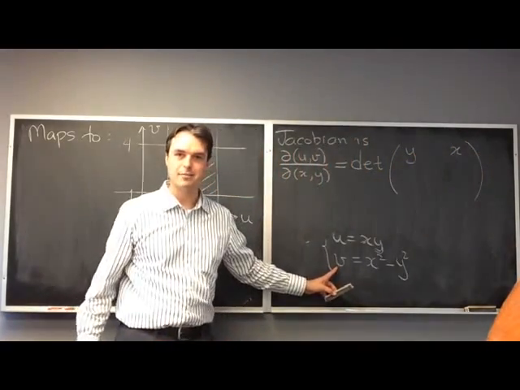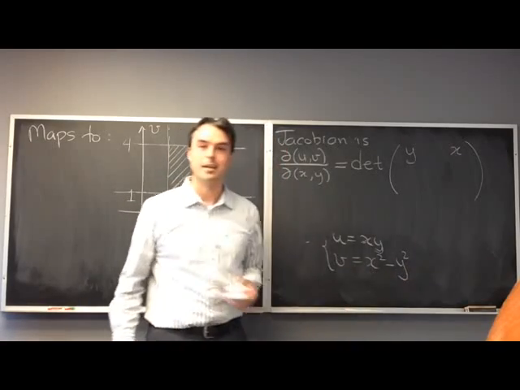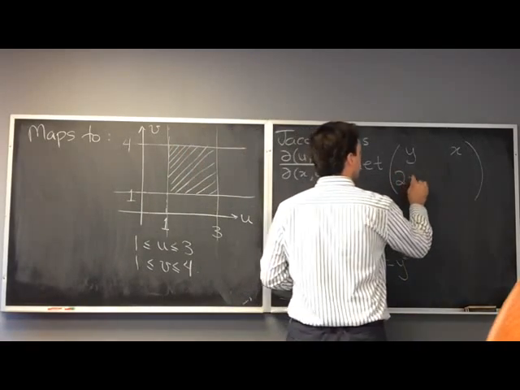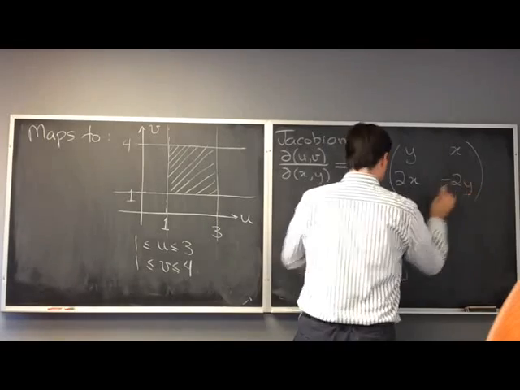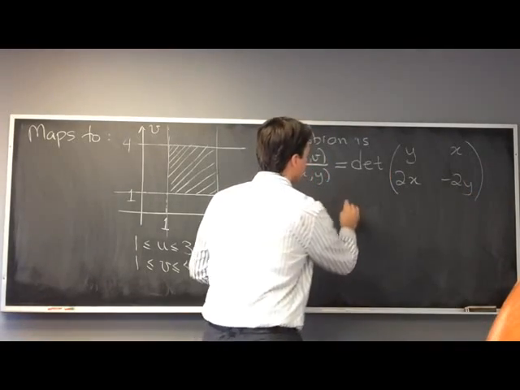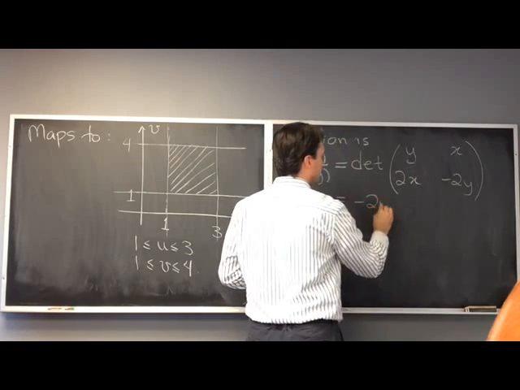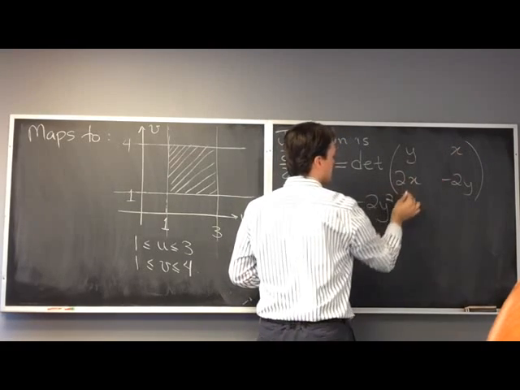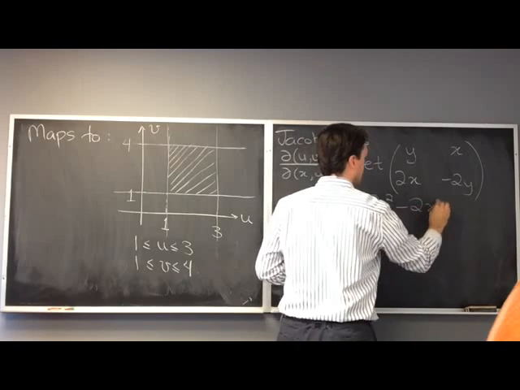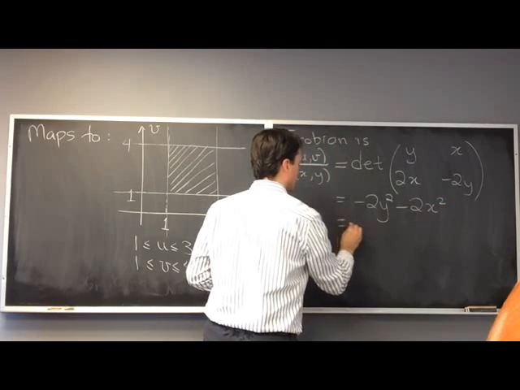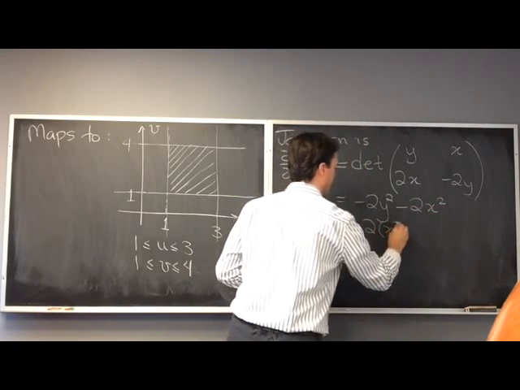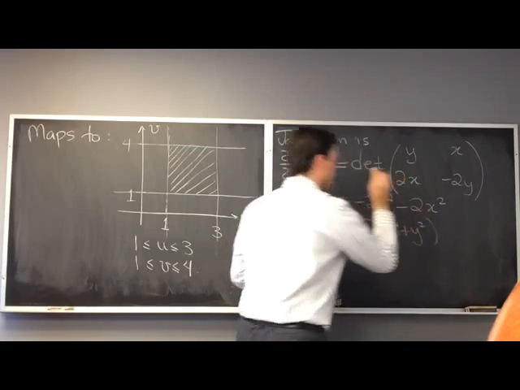And for the second function, ∂v/∂x is 2x, ∂v/∂y is minus 2y. And so we work out the determinant of this to be negative 2y squared minus 2x squared, which is, of course, negative 2 times (x squared plus y squared).